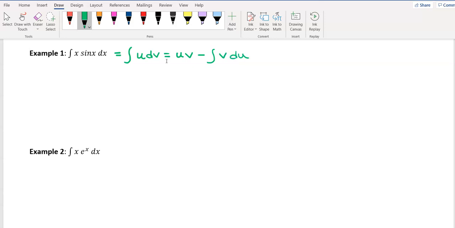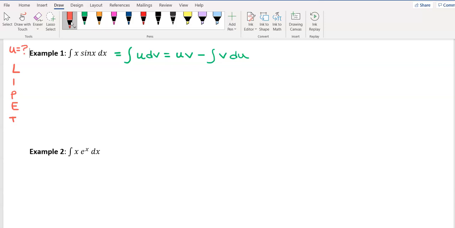But we need to first figure out which piece of our original is the u and which piece is dv. And again, that's when we're going to use the idea of LIPIT. This will help you determine what your u should be.